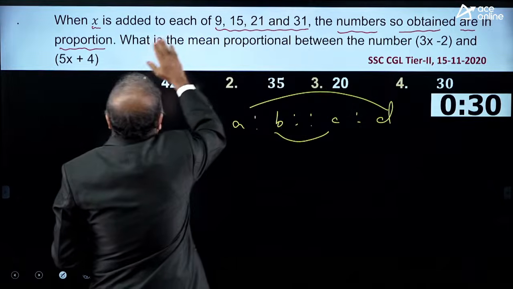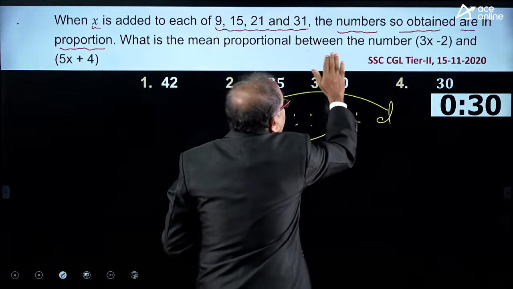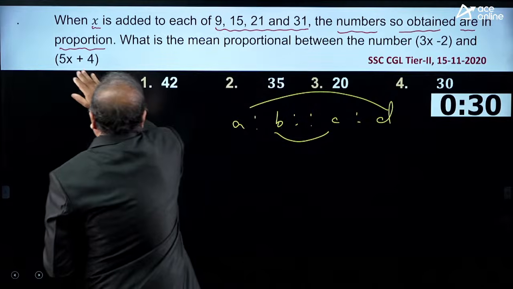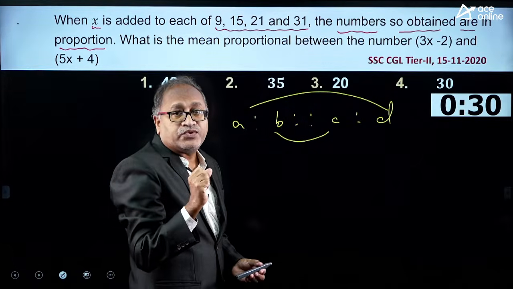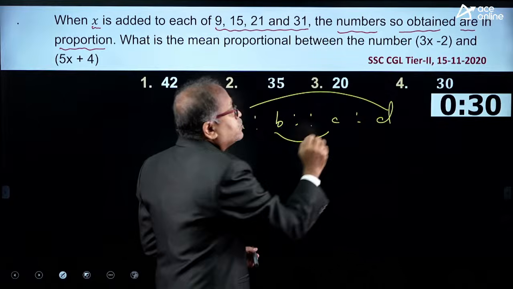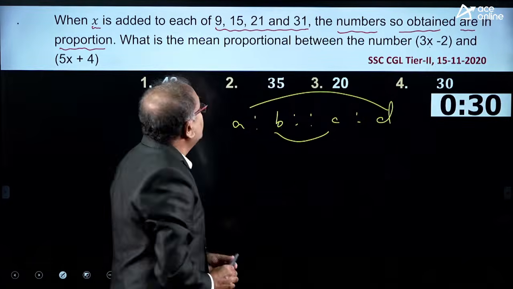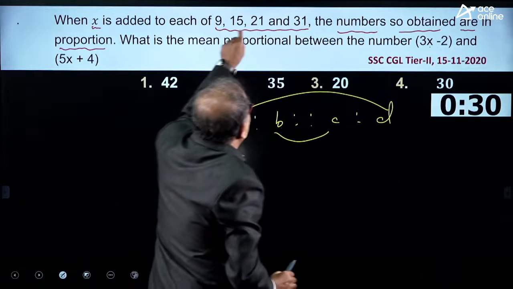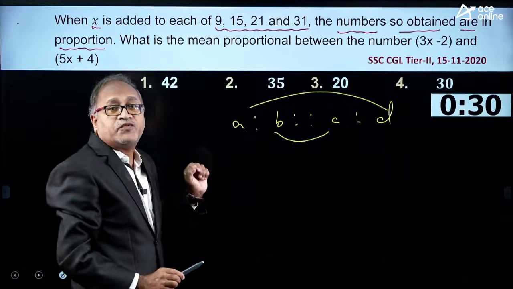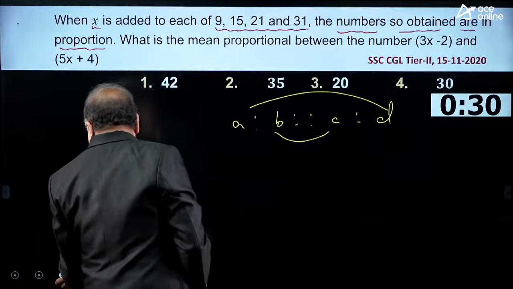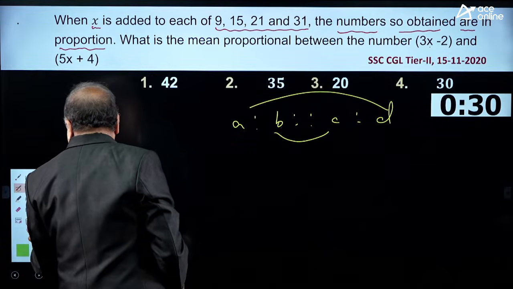Now what is said here, what is the mean proportion between the numbers 3x minus 2 and 5x plus 4. I can get this number only when I get the x value, so with the help of this information I need to find the x value. What is the general way to find the x value?